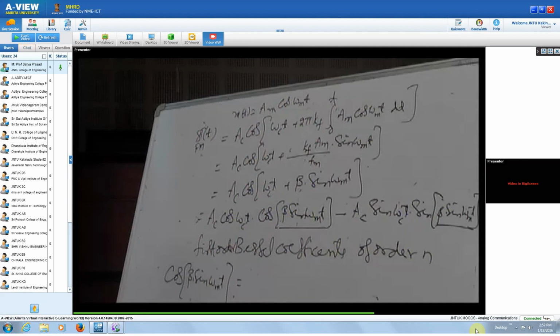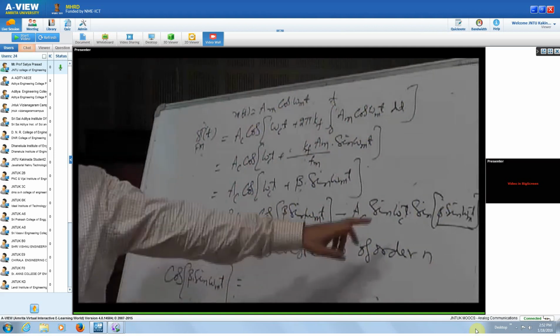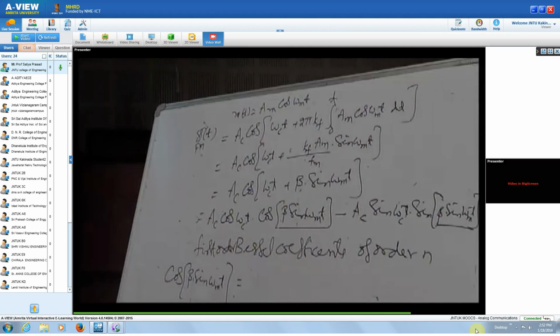A periodic signal and even function. What will be the coefficients? All these coefficients will be even. If this is odd, sin of theta, you are going to have odd coefficients.